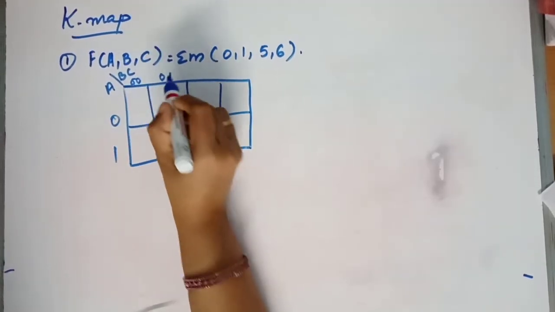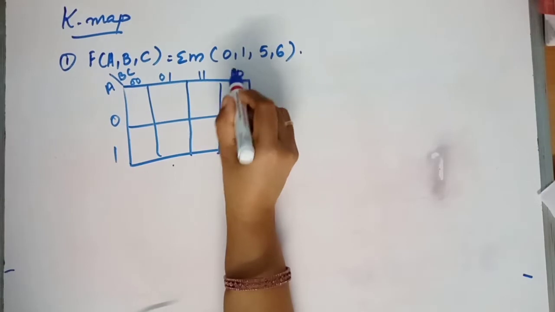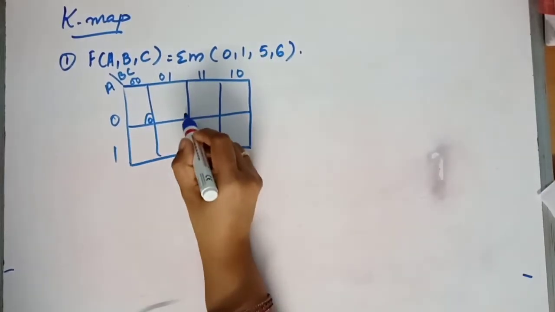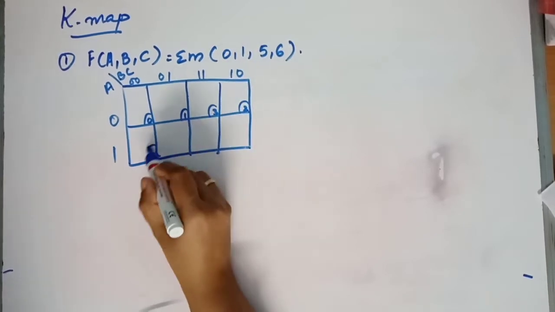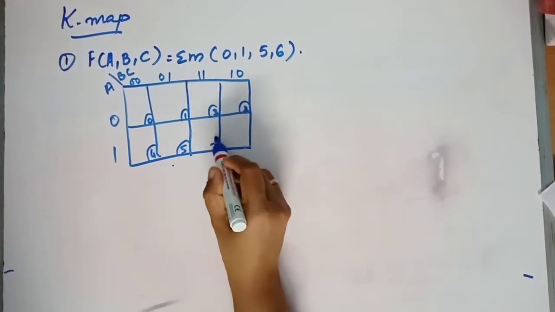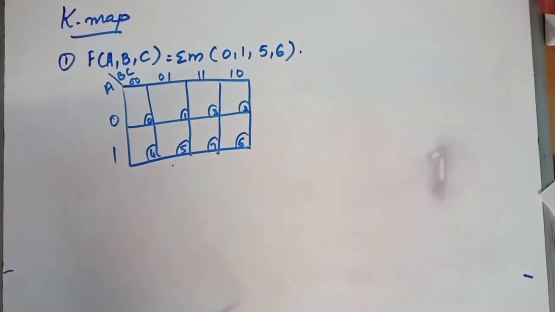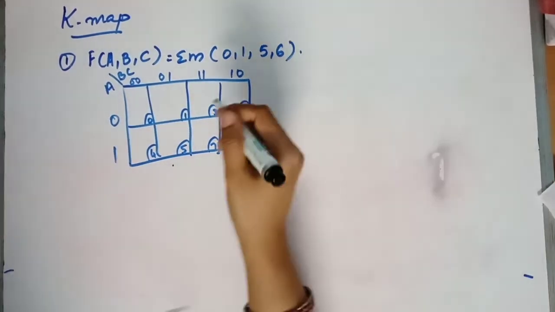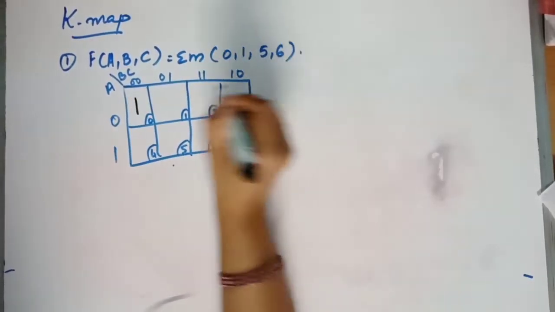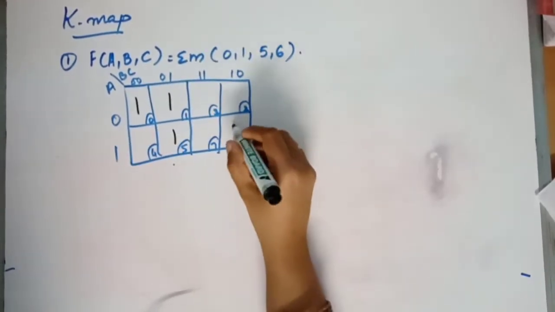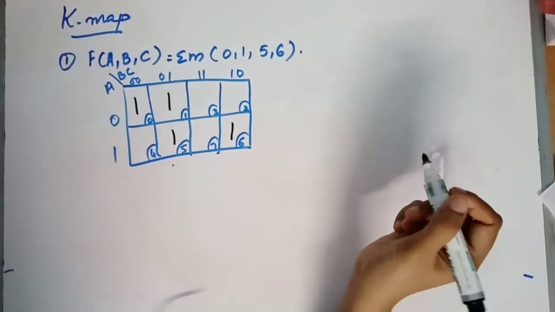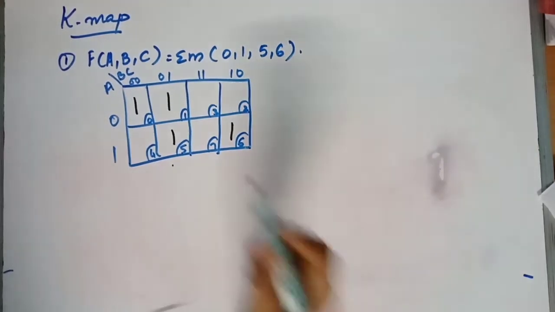The columns are 00, 01, 11, 10. The cells are 0, 1, 3, 2, 4, 5, 7, 6. Next we'll write the ones. So 0 will have a 1, 1 will have a 1, the cell 5 will have a 1, and 6 will have a 1. Now how do you group this?